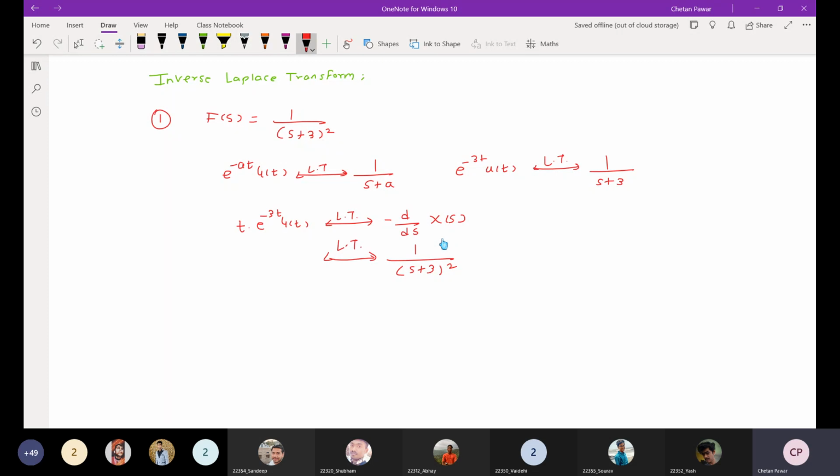And what is x of t here? x of t is this, so X of s is this. So if you multiply the signal in the time domain by t, you need to take the differentiation of that Laplace transform, with a minus sign, in the s domain. Like that you can apply that property here.